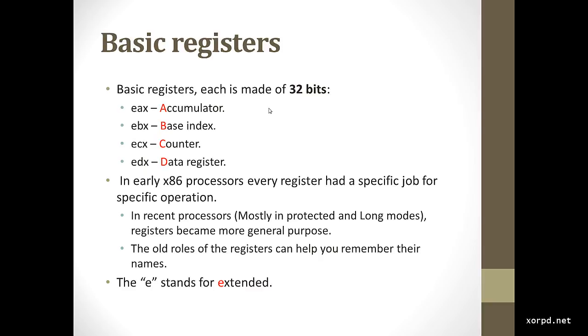But usually, you can just use them in the same way, and it's going to work. In very early processors, it wasn't the case. You had to use EAX for some stuff and ECX for others. And by the way, the E in those names stands for extended.